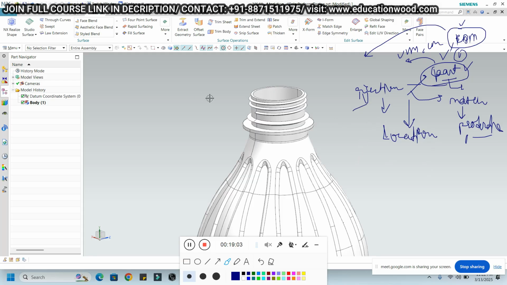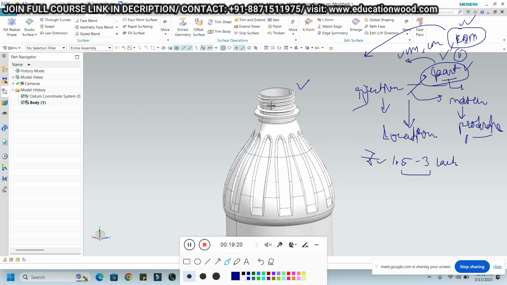For example, for injection molding, approximately 1.5 to 3 lakh Indian rupees. If you have a component size like a bottle, less than 200, your cost will be around this.